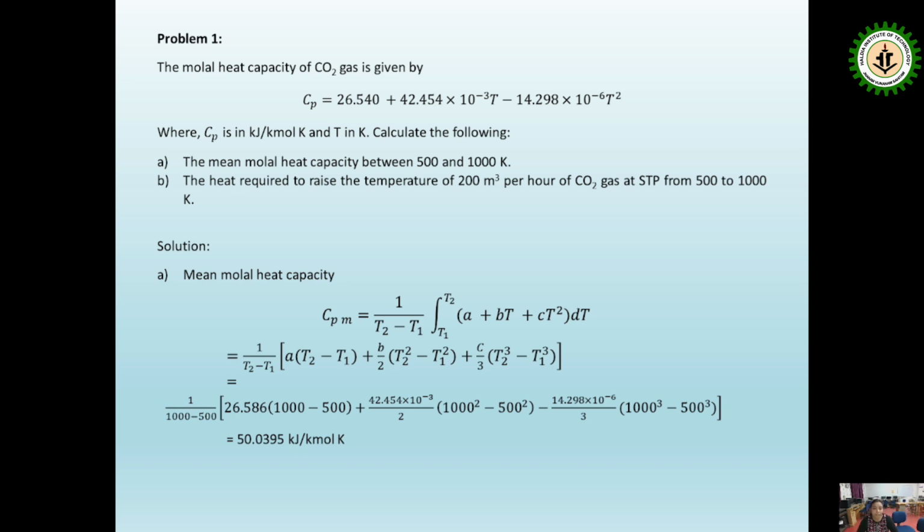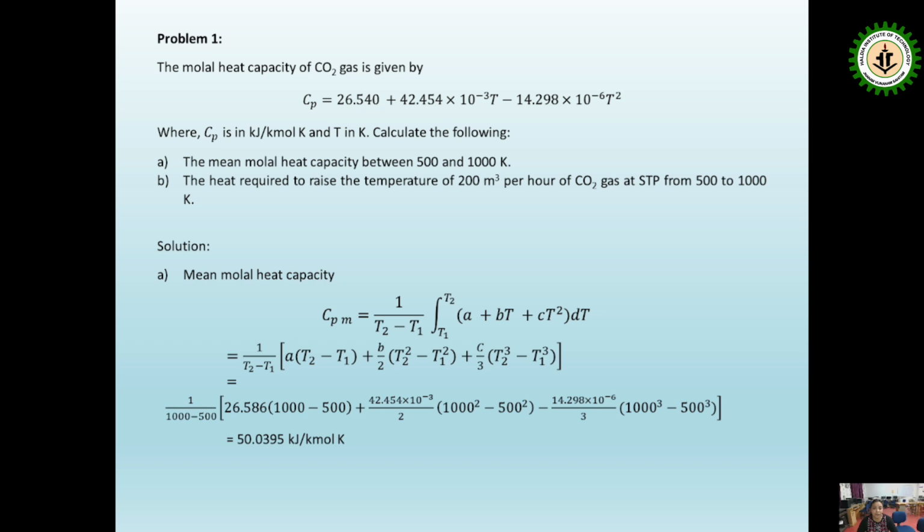Now after integration and putting the limit value, we will get the final equation 1 by T2 minus T1 into A into T2 minus T1 plus B by 2 T2 square minus T1 square plus C by 3 T2 cube minus T1 cube.